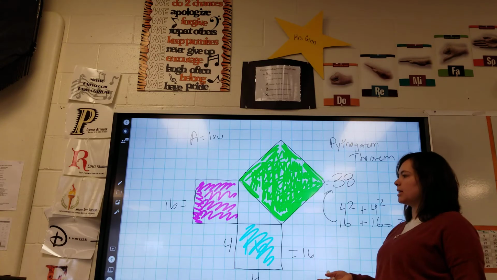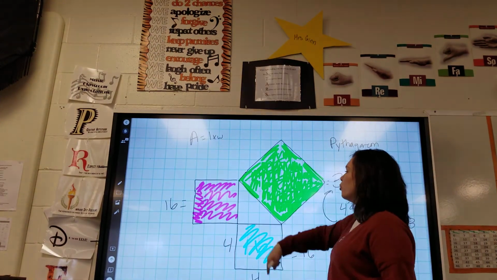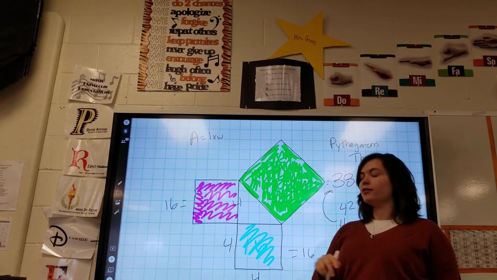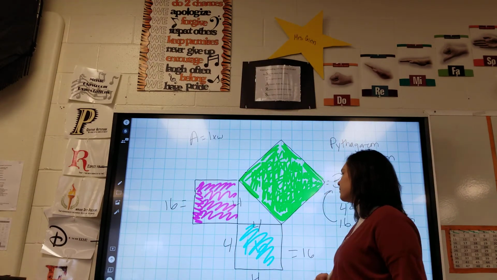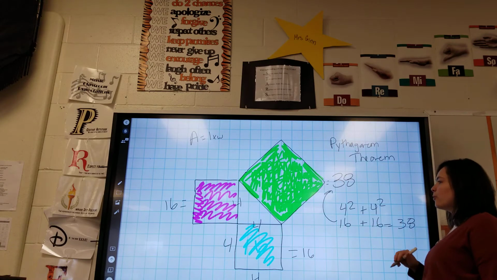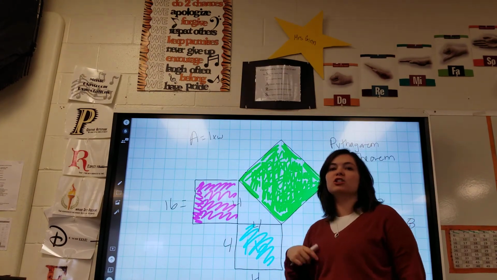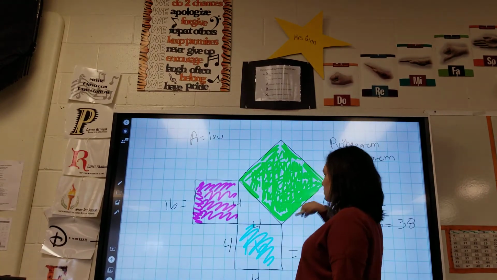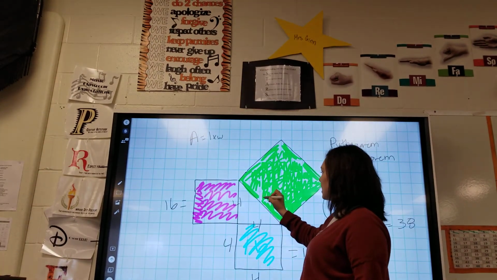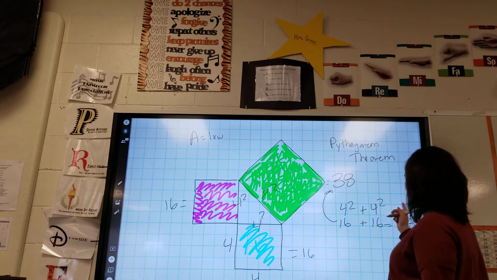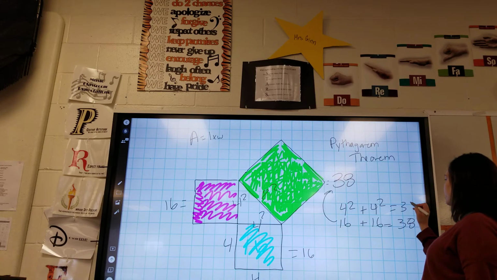So in order to do the Pythagorean theorem, we take one length, which is 4, another length, which is 4. We square them both, and we get the other length squared. Because this is a square, we get this length right here squared. So 4 squared plus 4 squared, we know right now equals 38.